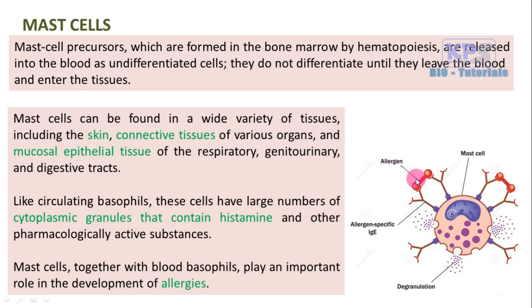When an allergen binds with the IgE on the mast cell with the help of these Fc receptors, this reaction mediates the release, or degranulation, of pharmacologically active substances within the mast cell. These substances cause the allergic reactions.